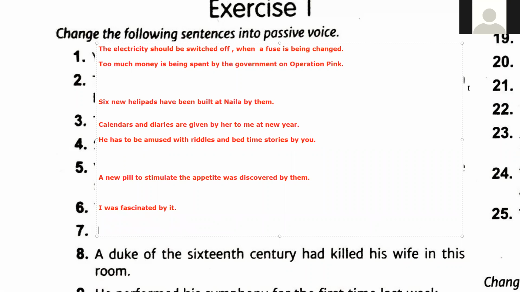In this room, the wife has been killed by a Duke of the 16th century. It is called a Duke. See, the object here is his wife. So remember, when the object is his wife, you have to begin it from the wife.